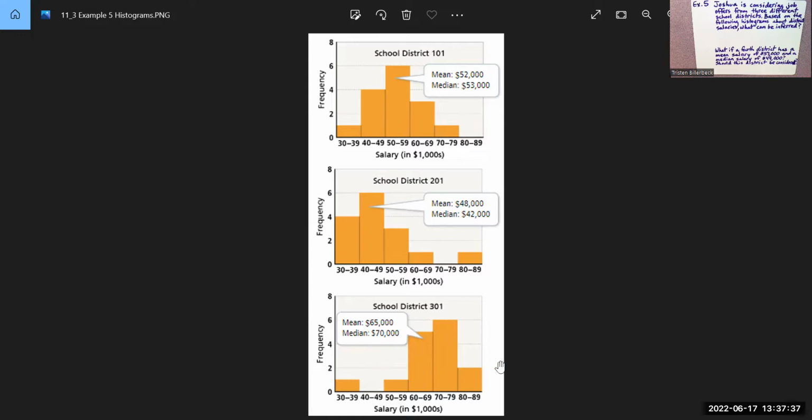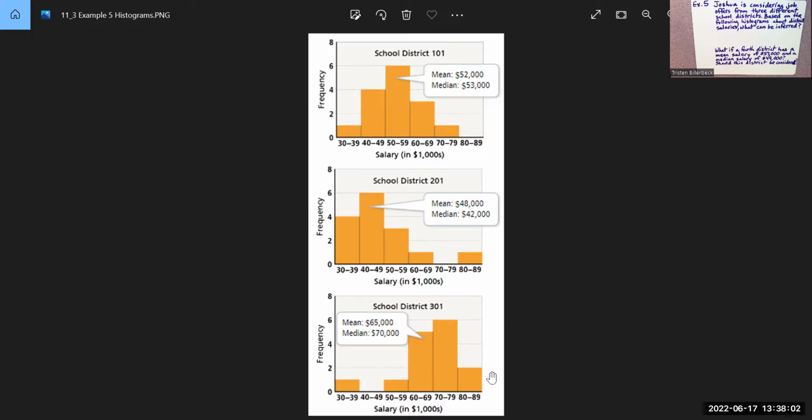So it must treat its employees better. That's a very strong indication that there's very little job turnover at this school district, which must be a very good school district if very few people want to leave and move elsewhere.